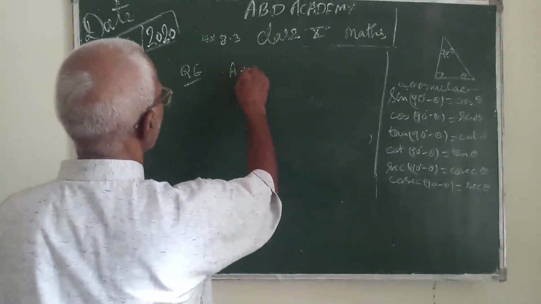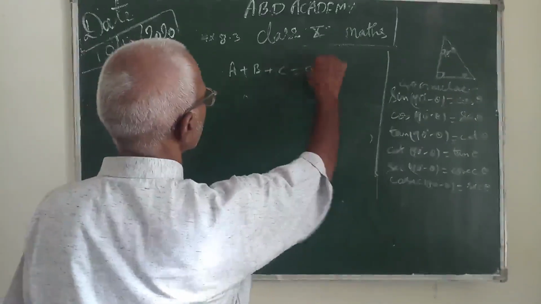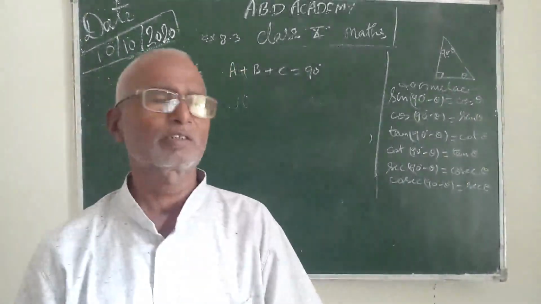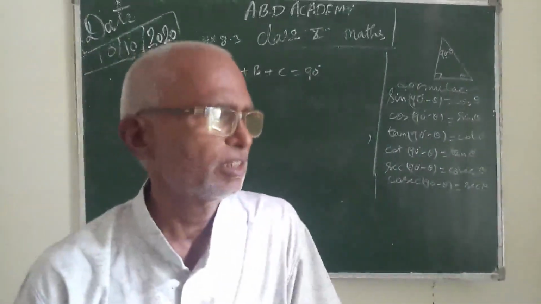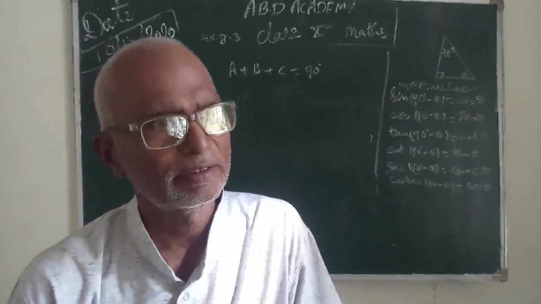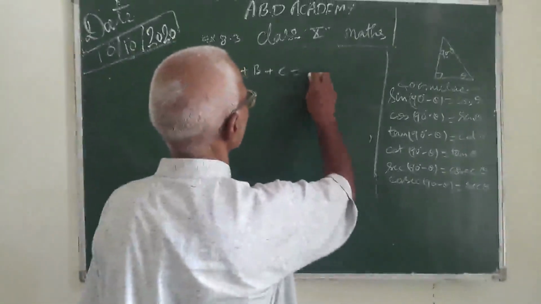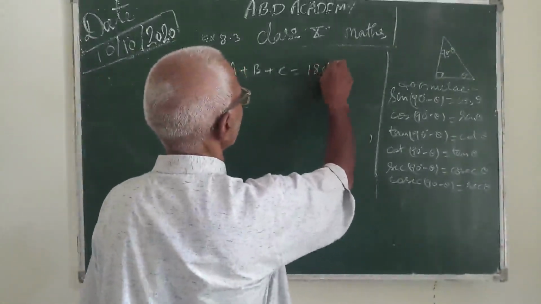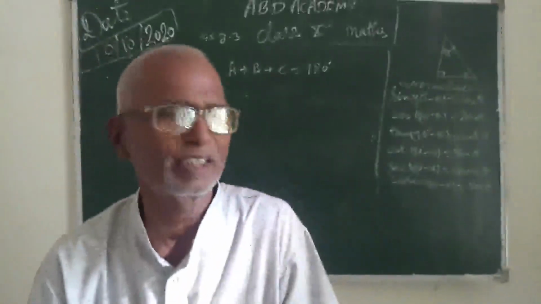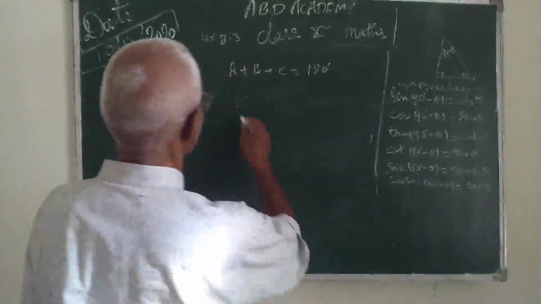So A plus B plus C will be 90 degree, because we know in a triangle the sum of interior angles is 90 degree. No, sorry, 180 degree. I'm sorry. The sum of all the 3 angles of a triangle is 180 degree, and its half will be 90 degree.